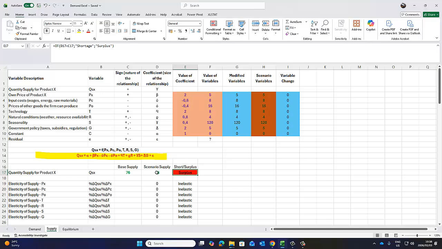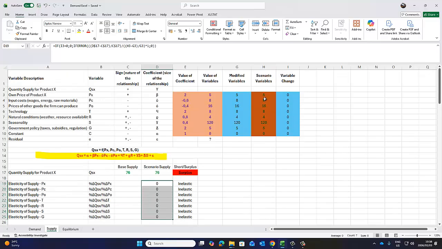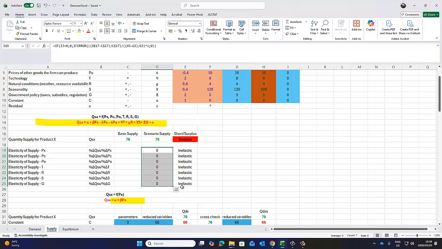If the scenario supply is less than the base, then I have a shortage, because I assume that the 76 is equilibrium. Okay, so I hope that works. Then obviously there's my elasticity calculations. And remember, for my elasticity calculations, I can only change one variable because of the ceteris paribus rule.